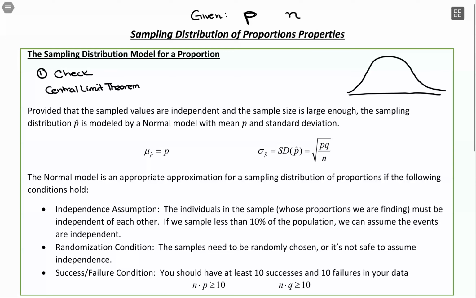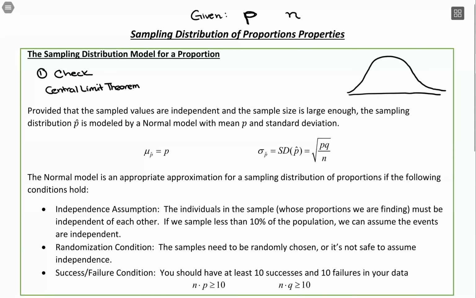So the normal model is an appropriate approximation for a sampling distribution of proportions if the following conditions hold. Independence is that the individuals in the sample whose proportion we're finding must be independent of each other. Like rolling a die was independent, flipping a coin is independent, those probabilities aren't changing. Sampling people, typically if we have randomness, that'll imply independence a bit.